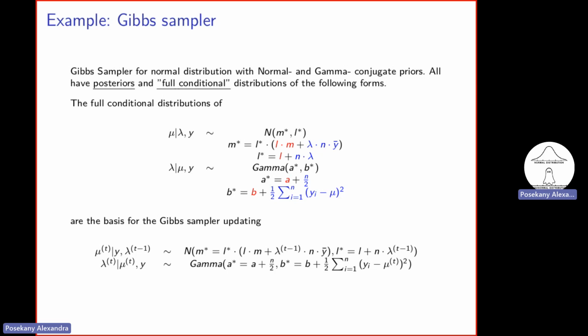We had our marginal posteriors, and in this way this Gibbs sampler naturally arises when we simulate the mean based on the previously simulated precision, whereas the precision can be simulated based on the value of the mean which we obtained in the first step.